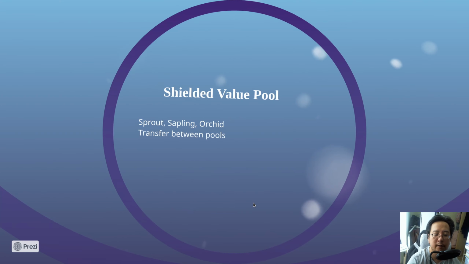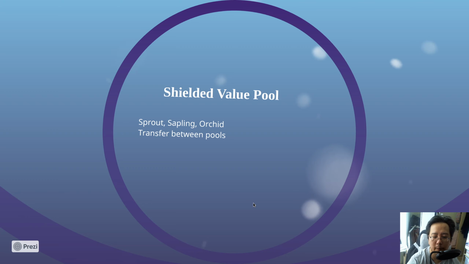In the shielded value pool, currently we have two sets of addresses, and these represent the evolution of the protocol. When Zcash was released, their encryption system was called Sprout.